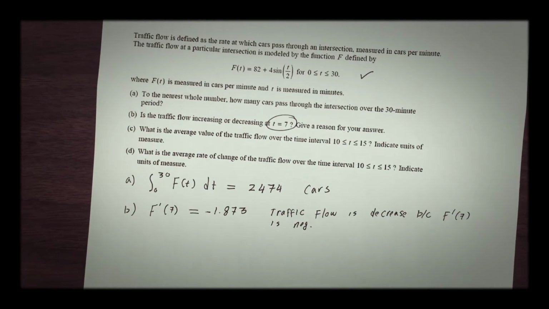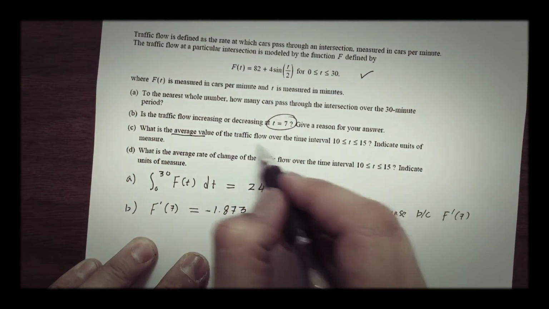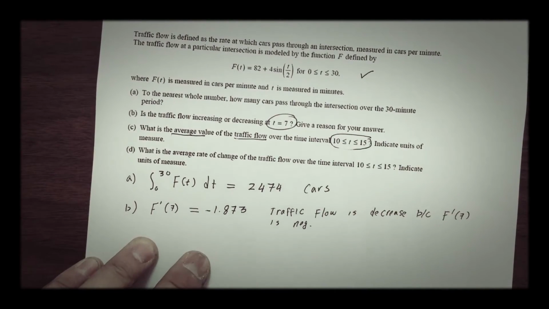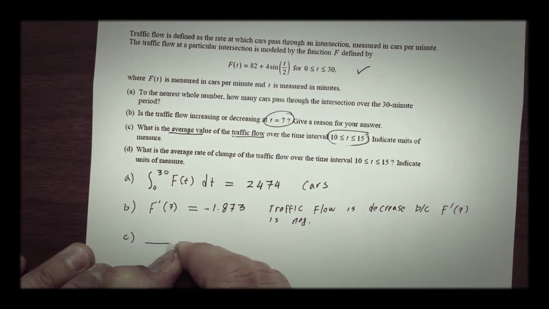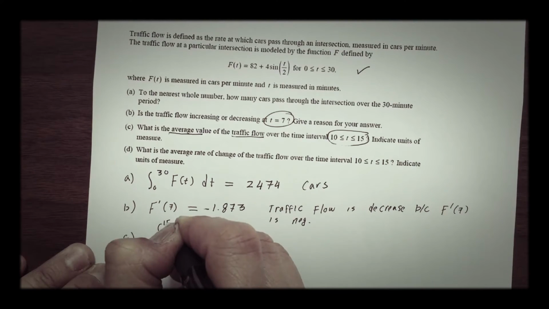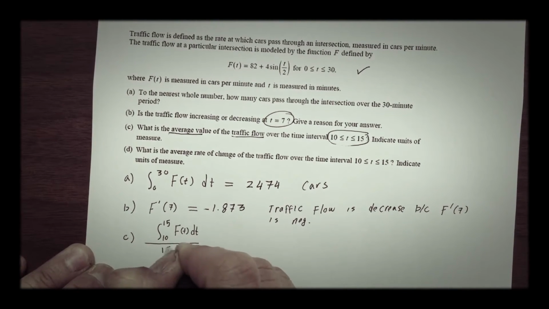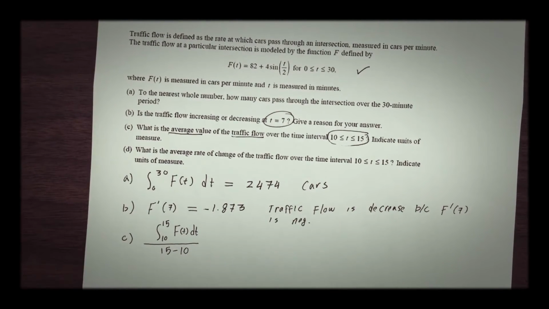Awesome. What is the average value of the traffic flow from time 10 to time 15? So this is the average value from time 10 to time 15. This is how we set up to find the average value. Now, let's see what it is.